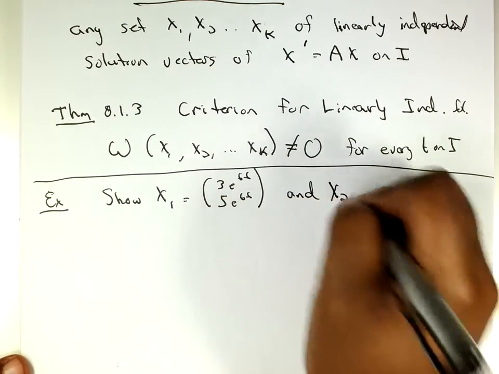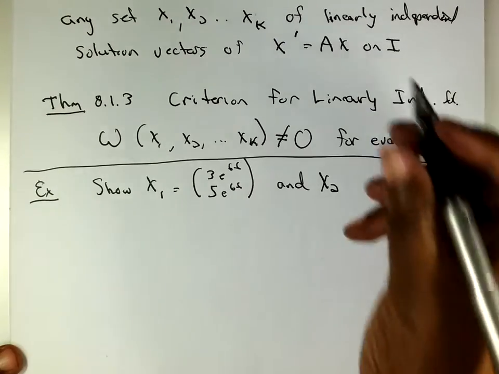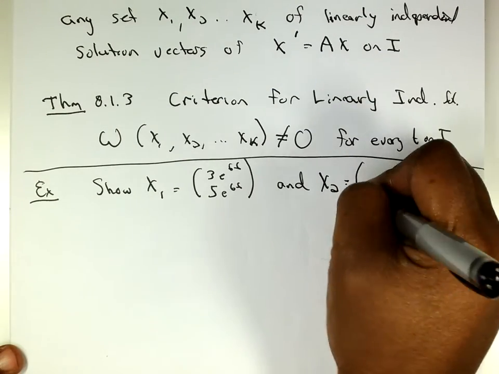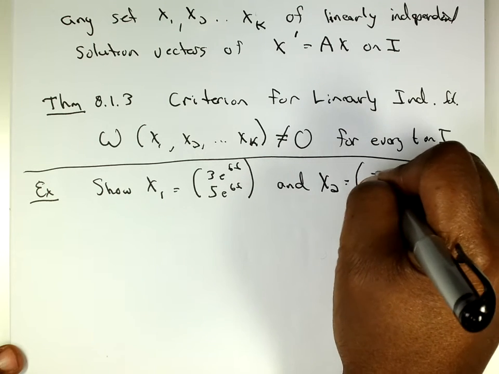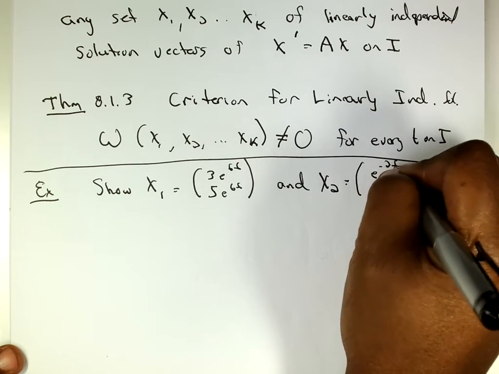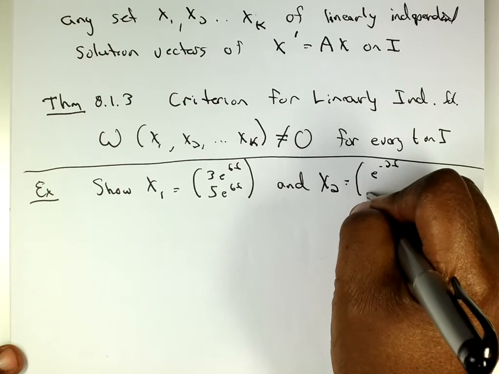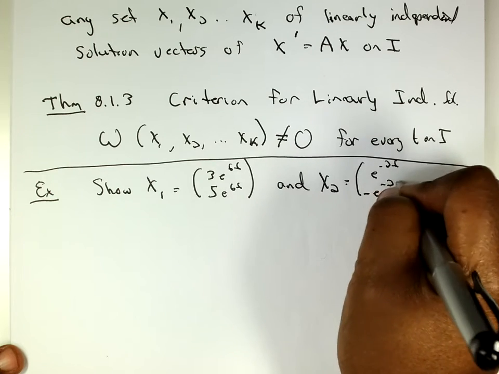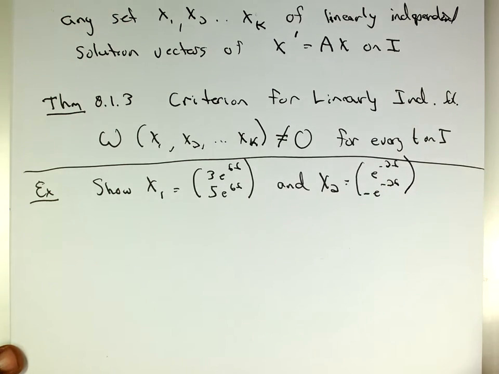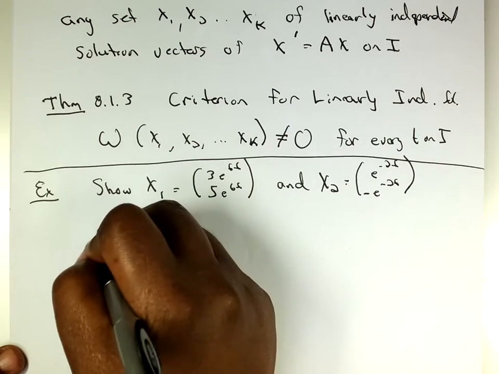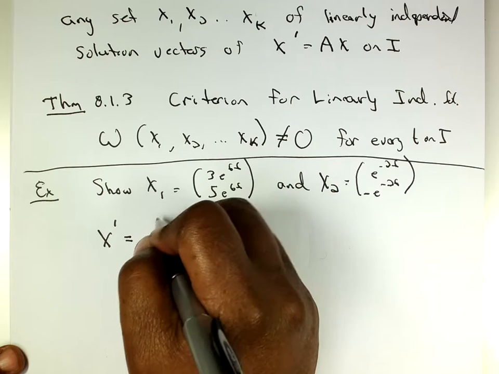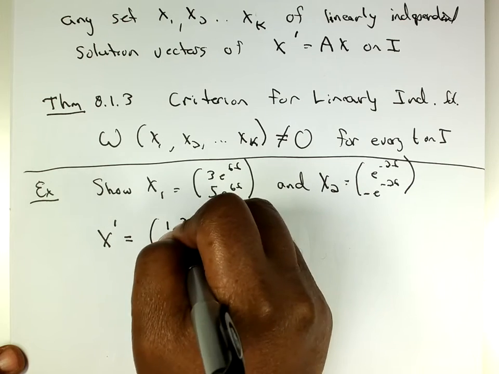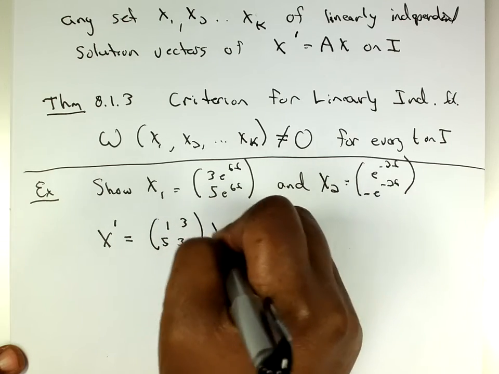So I want to show that x1 and x2 form a fundamental set, e to the negative 2t and negative e to the negative 2t. This is the same one we were just looking at. So we have x prime is equal to the matrix 1, 3, 5, 3, times x.